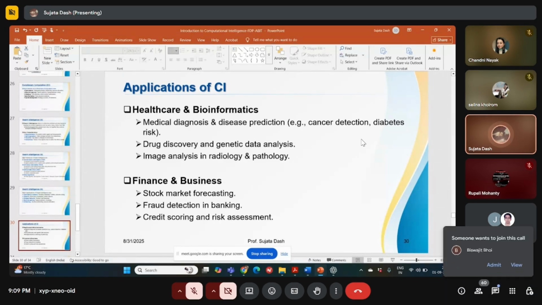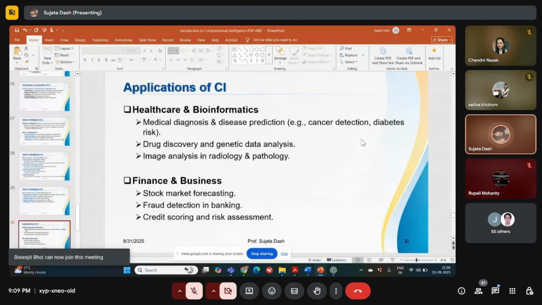So in problems like medical diagnosis and disease prediction, CI acts very effectively, and also helps the doctors or practitioners to find the disease quite early.